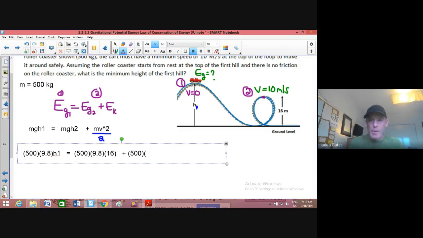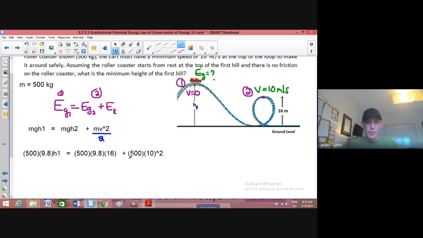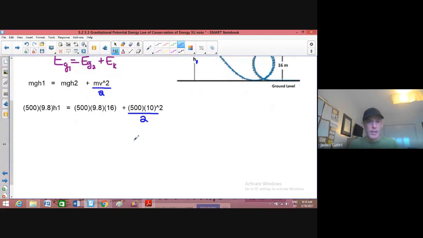We need a minimum speed of 10, so we have 10 squared, and then of course we divide by 2. As you can see, we have everything we need. We just need to know H1.